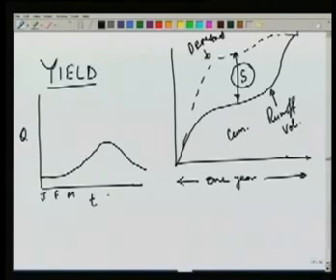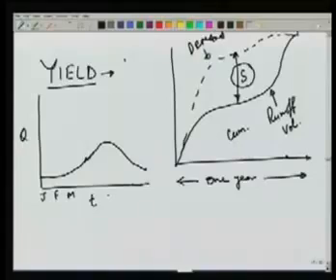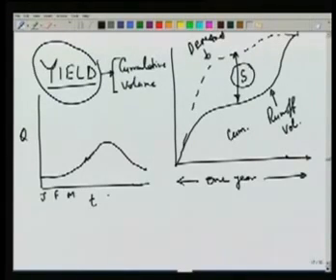There may be smaller peaks here, valleys in response to individual storms, but in general the hydrograph will look like this, and yield would mean what is the amount of water available in the stream over the period of a year. So this would be cumulative volume typically over the year. So yield is an important concept because it tells us how much water is available to us over the period of the year.